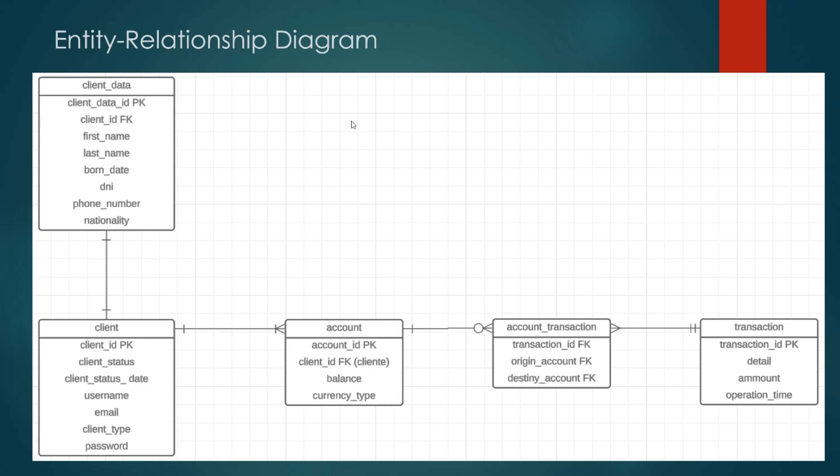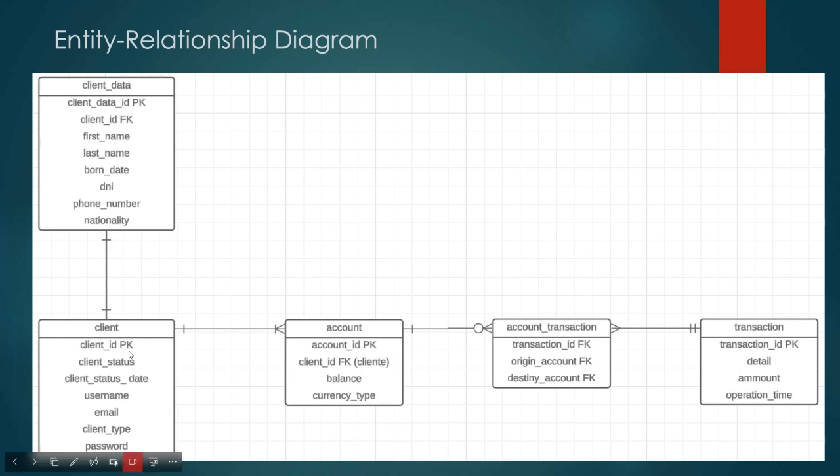The last thing I'd like to share in this PowerPoint is the entity relationship diagram. It shows how we structure the database with which we will be interacting using the application.